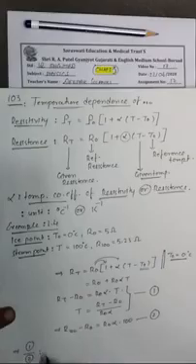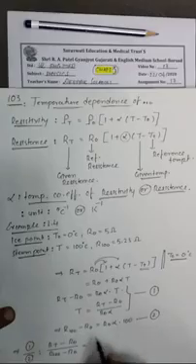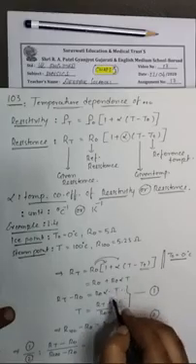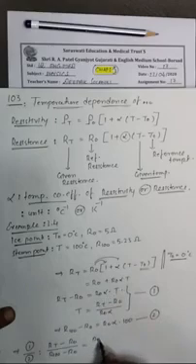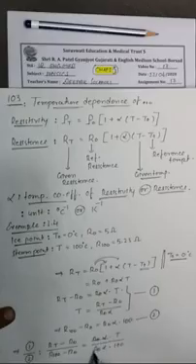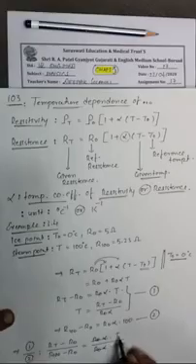So we are getting (RT minus R0) upon (R100 minus R0) is equal to R0 alpha multiplied by T upon R0 alpha multiplied by 100. So these two terms will cancel out.